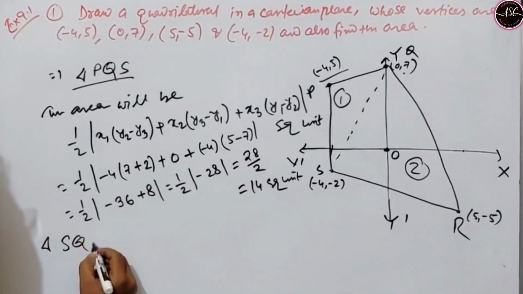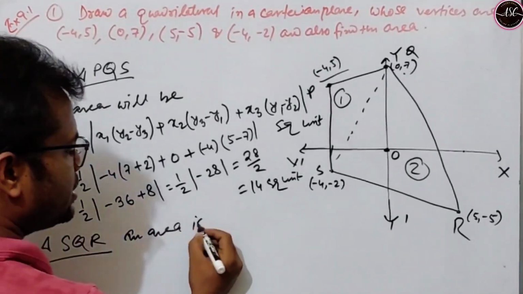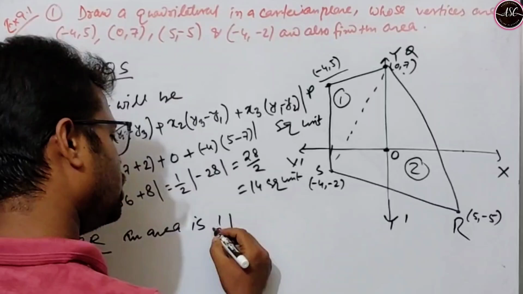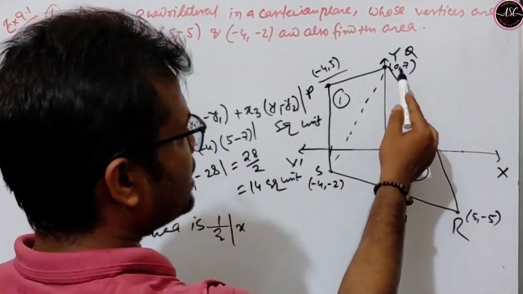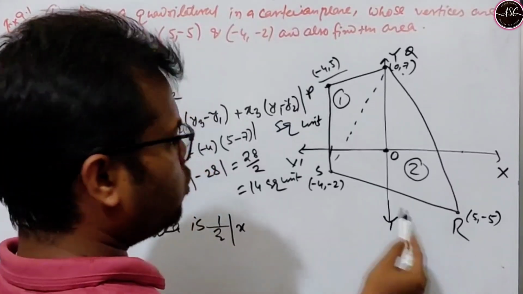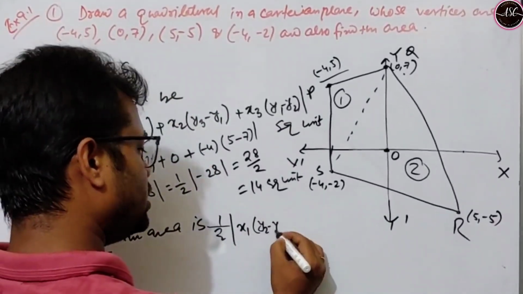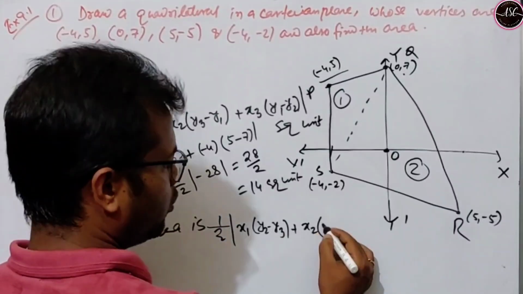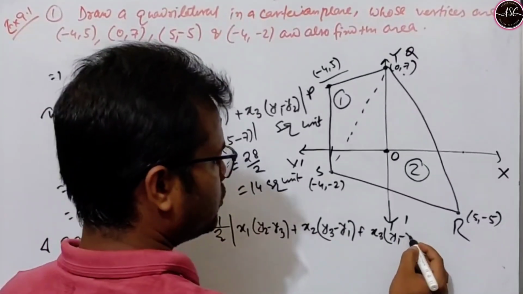And for this triangle, the area is half of mod, and let for this triangle, this is x1 y1, this is x2 y2, and this is x3 y3. So we can write x1 (y2 minus y3) plus x2 (y3 minus y1) plus x3 (y1 minus y2).